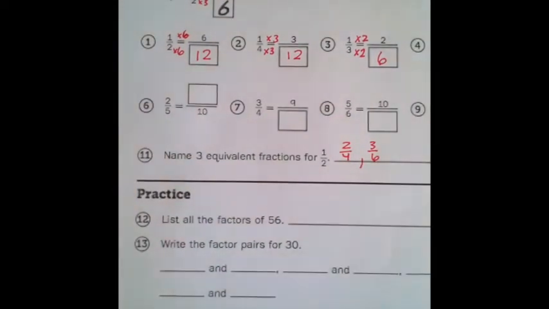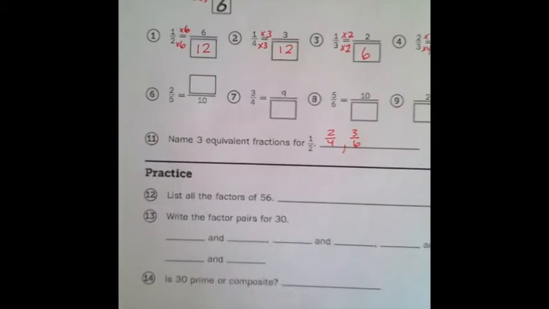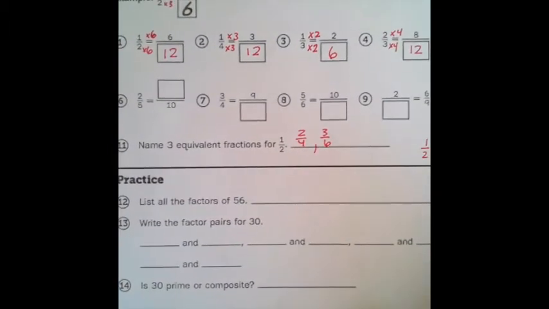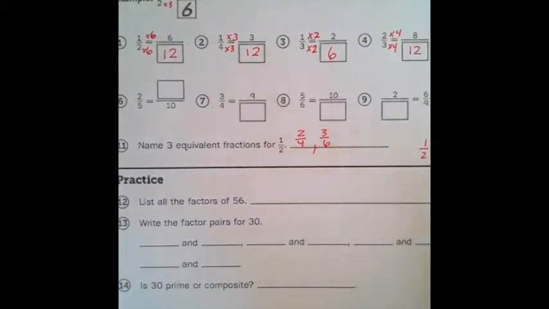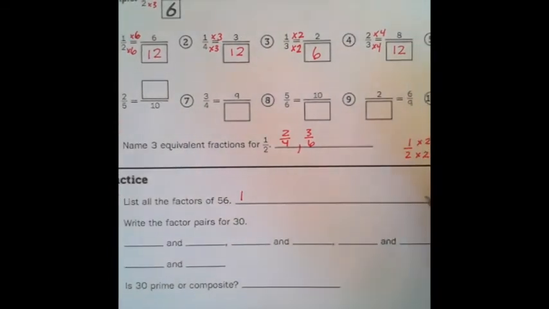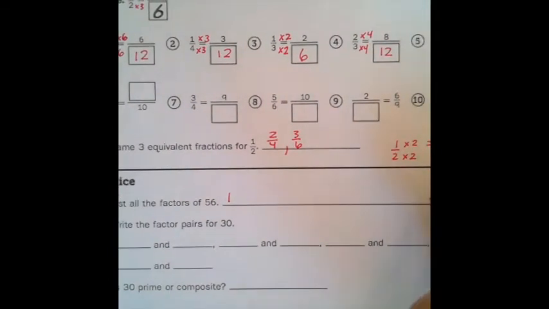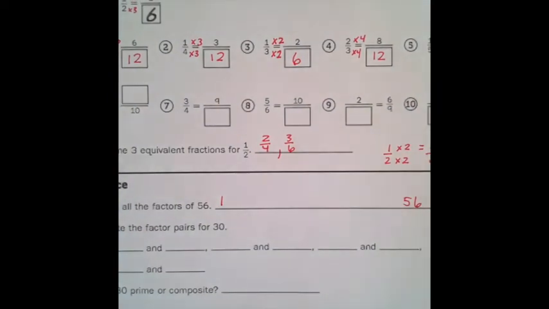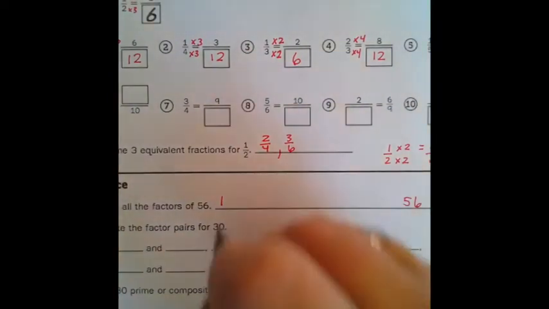So let's look at number 12. Number 12 is asking you to list all the factors for 56. So I like to start with 1 always, and I spread myself out and go over here in 56. That's always a good way to start.